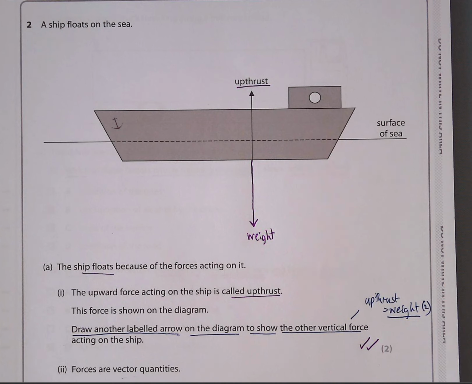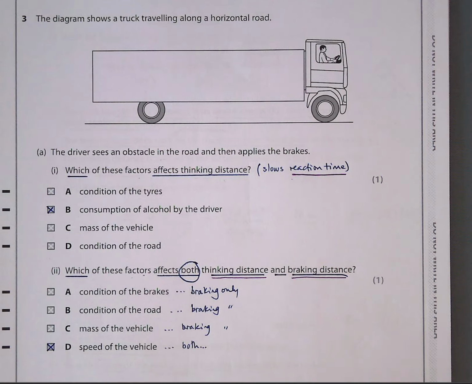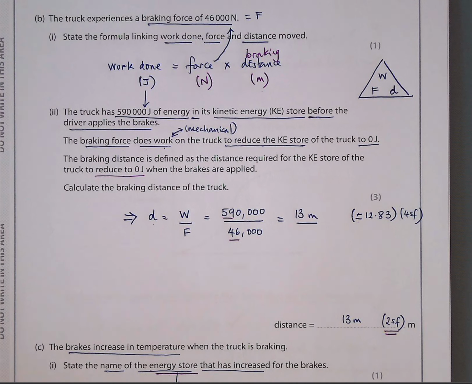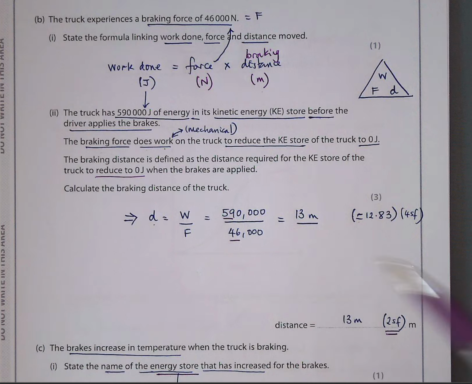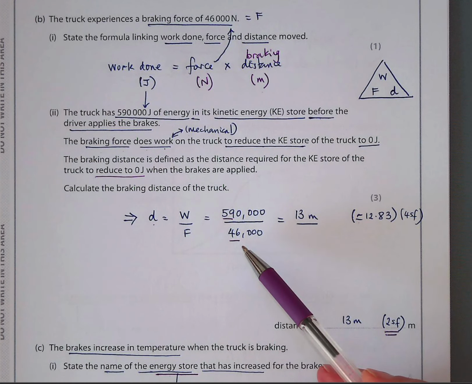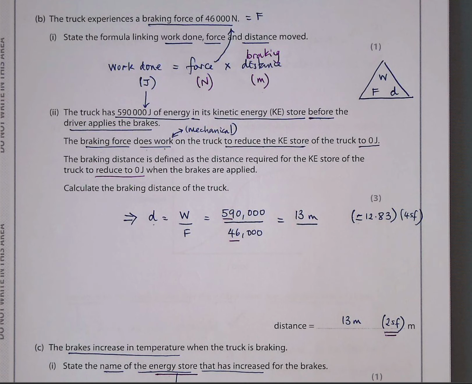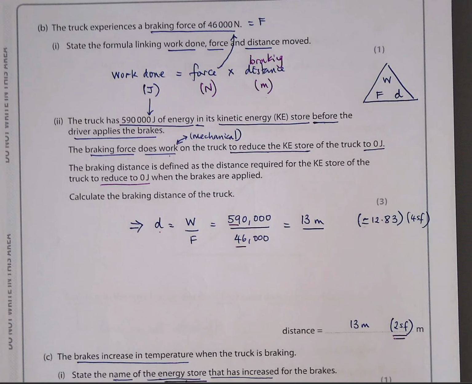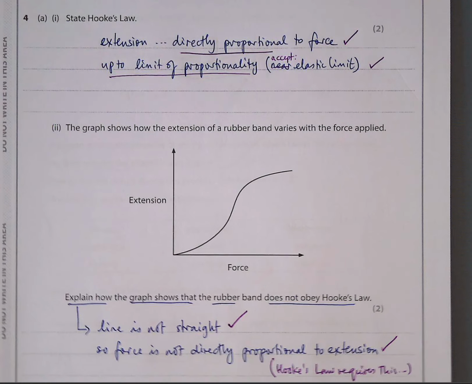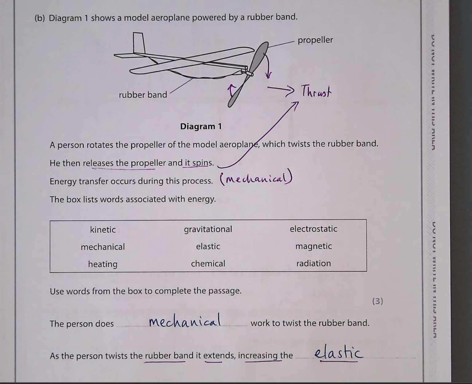Or what were the other common mistakes that people were making in this paper? Not being able to know, for example, that you have to change the units if they give you kilonewtons or whatever.